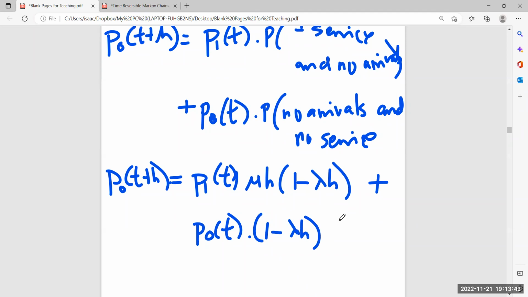Now, I have 1 minus lambda h, and somebody said that this should be 1 minus mu h. Now, is this so? What is right or what is wrong in this last statement here?